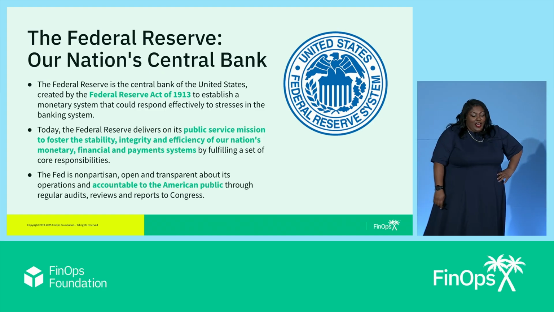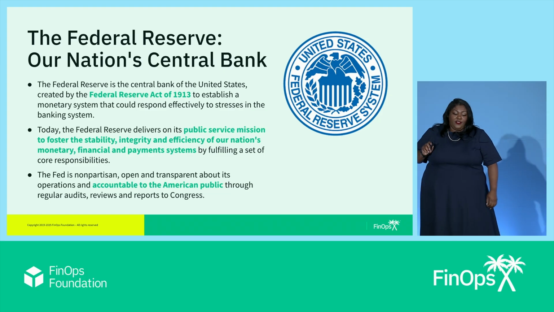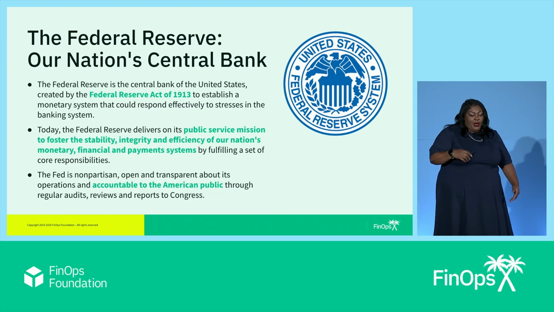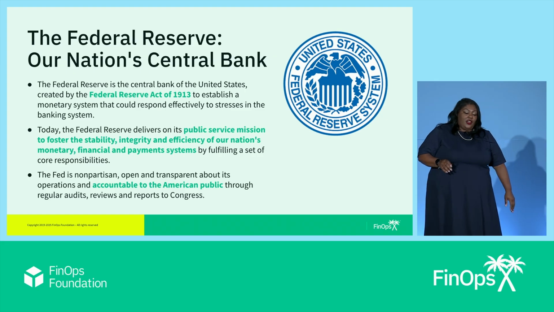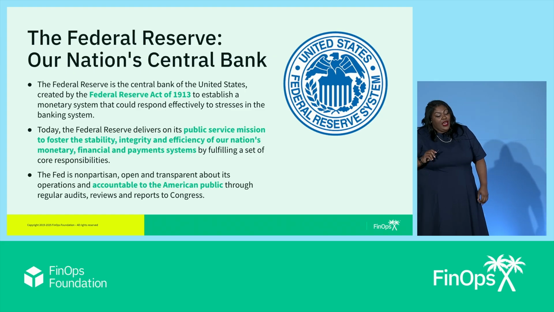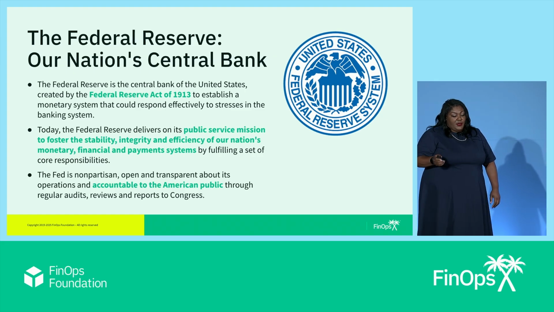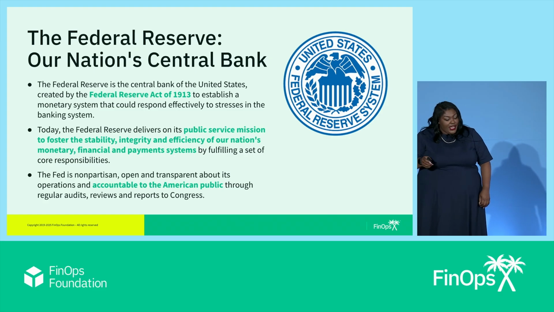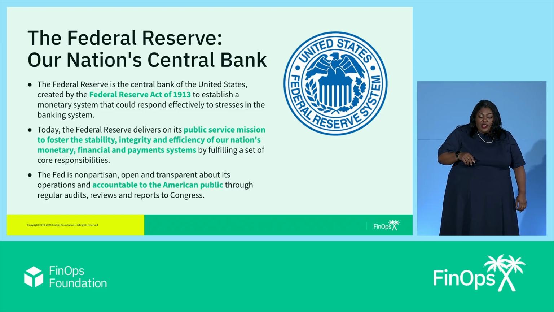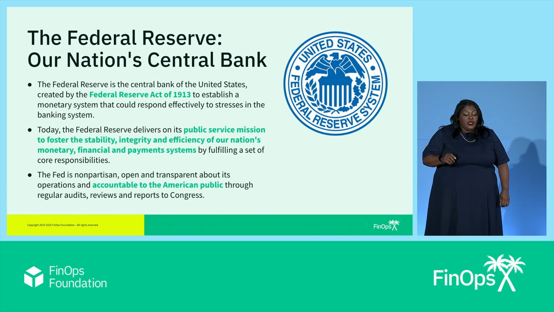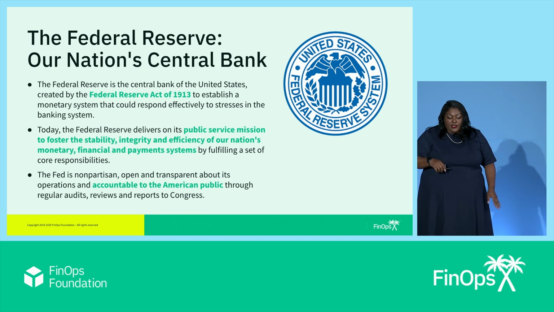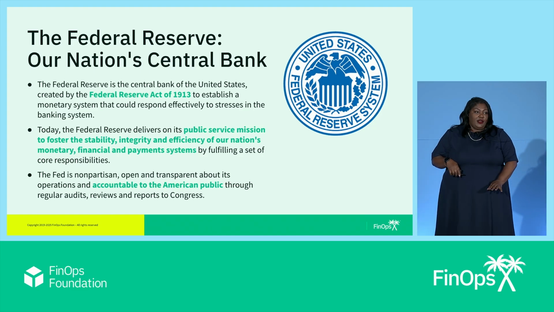The Federal Reserve Act of 1913 established a monetary system basically to reduce the stretches of the banking system. And basically, we have a public service mission to foster stability, integrity, and efficiency of our nation's monetary, financial, and payments systems. We are accountable to the American public. We are nonpartisan, open, and transparent about its operations.